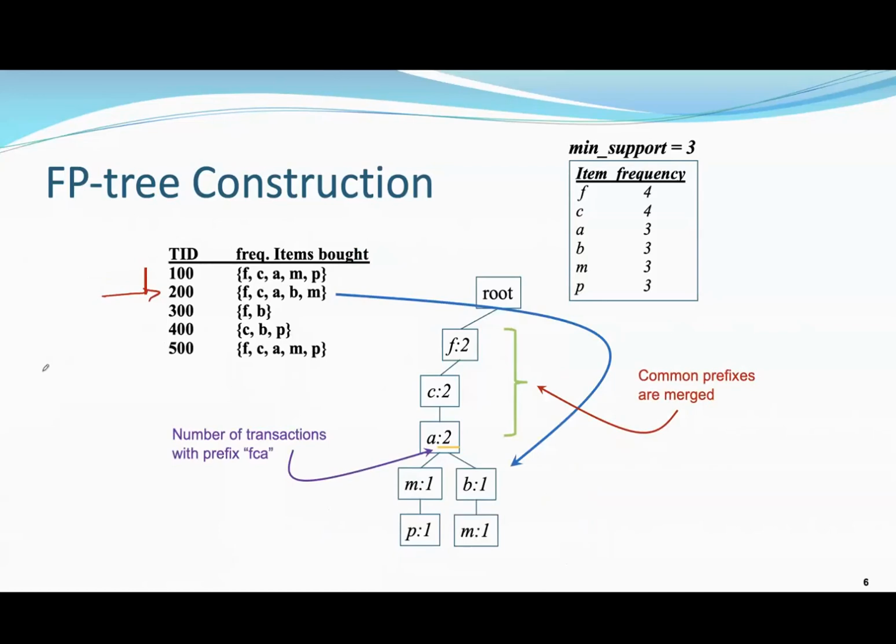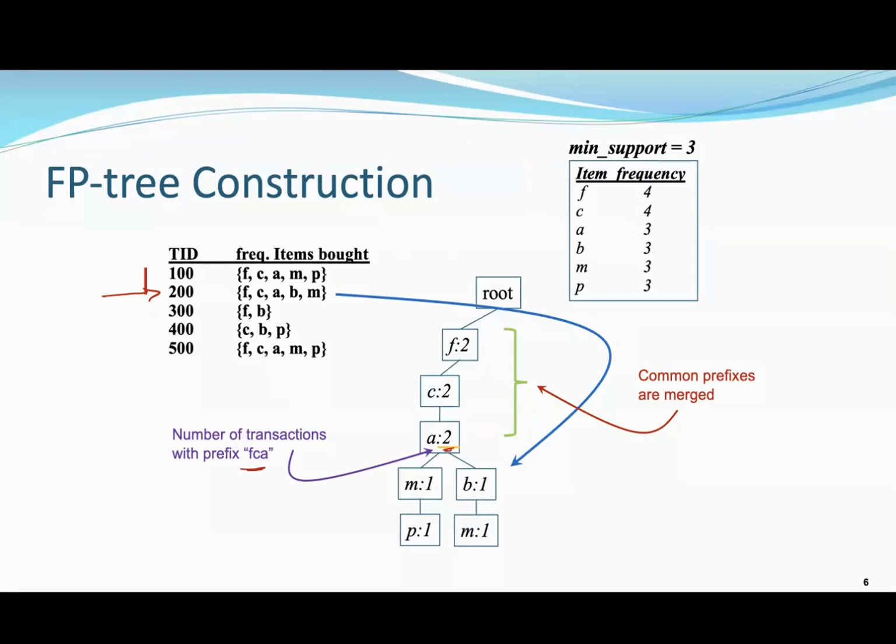We merge the common prefix together, right? So do you understand how I construct this tree after I process the first two transactions? Now, notice the counts here. What are the meanings of these counts? Well, the count associated with a node in the tree essentially indicates the number of transactions that possess a certain prefix. So for example, this A here has a label 2.